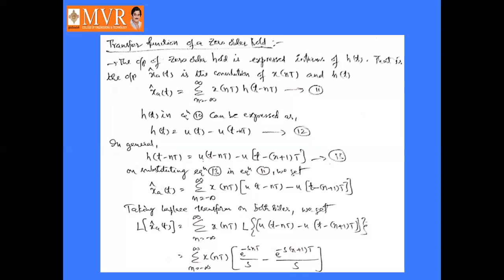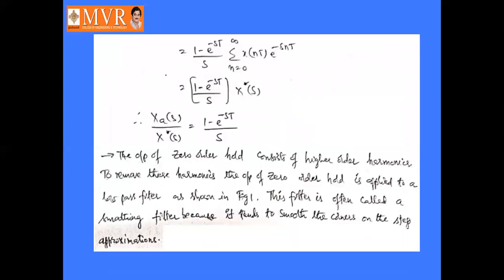Taking the Laplace transform on both sides, we get the Laplace transform of xa cap of t equal to the sum over n from minus infinity to infinity of x of nT into the Laplace transform of u of t minus nT minus u of t minus (n+1)T. The Laplace transform of u of t minus nT is e power minus s nT by s, and that of u of t minus (n+1)T is e power minus s (n+1)T by s.